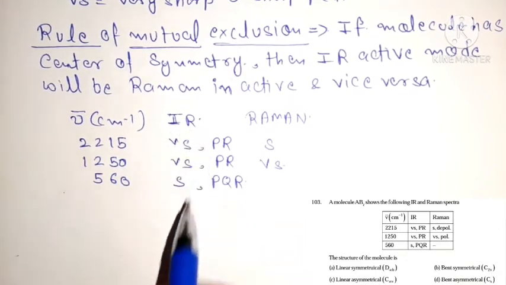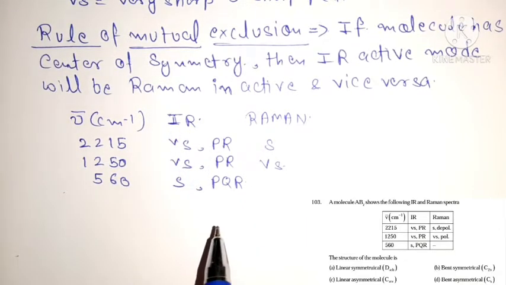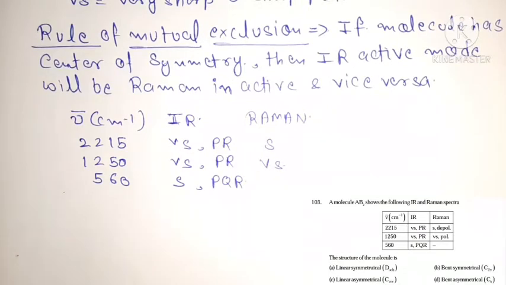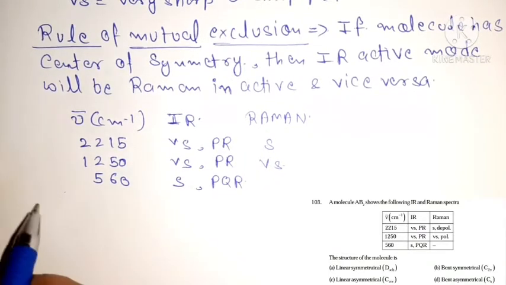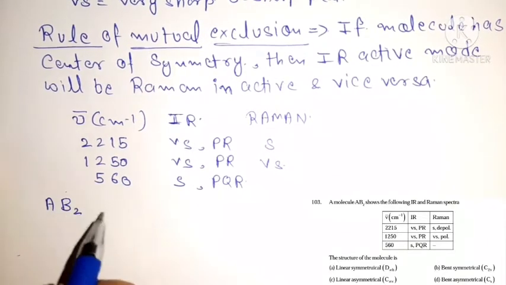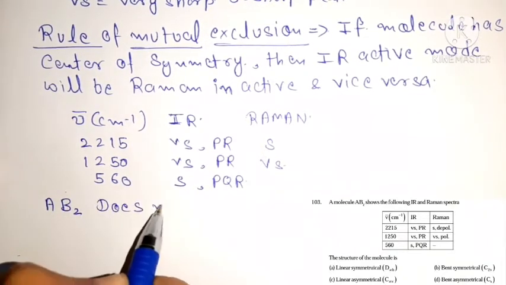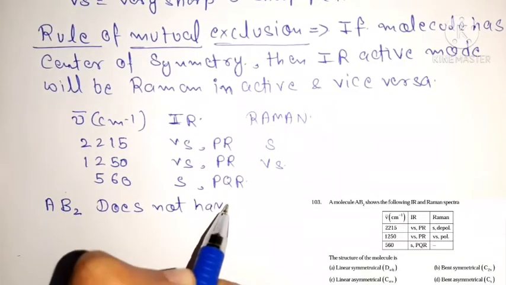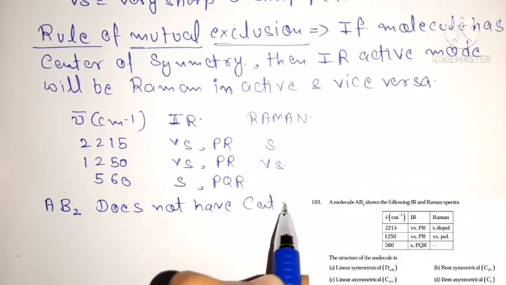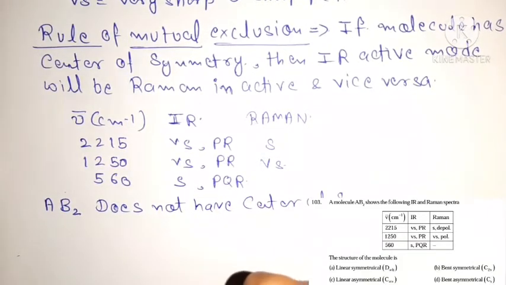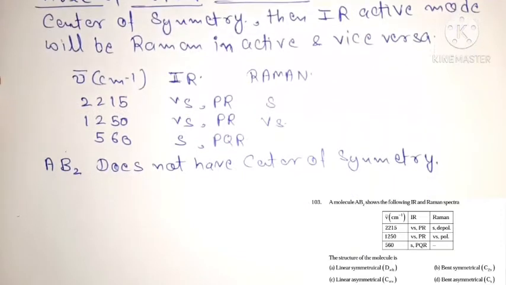But on the basis of the given data, you clearly see that it doesn't follow the rule of mutual exclusion. So your AB2 molecule doesn't have a center of symmetry, because it doesn't follow the rule of mutual exclusion.